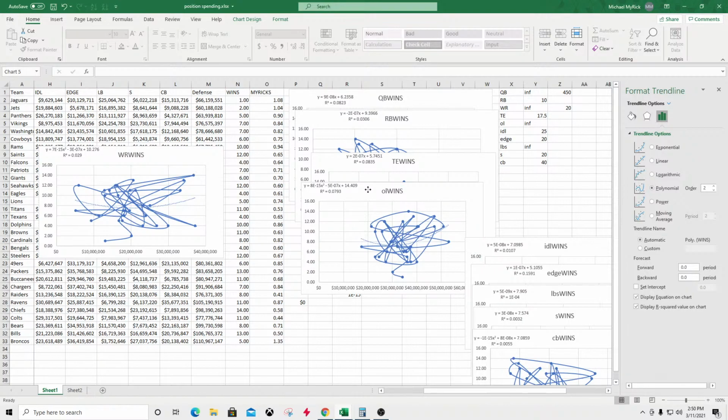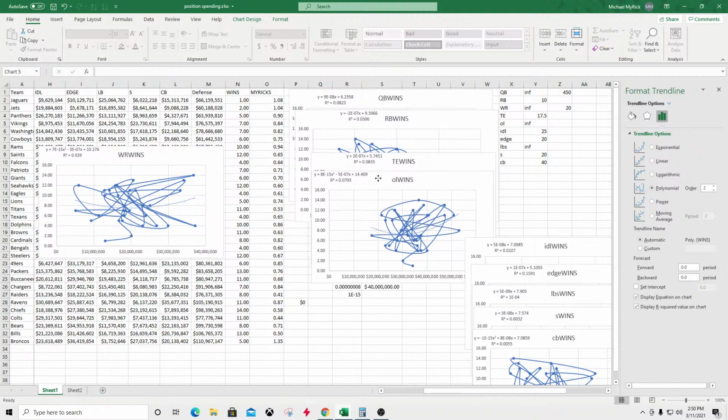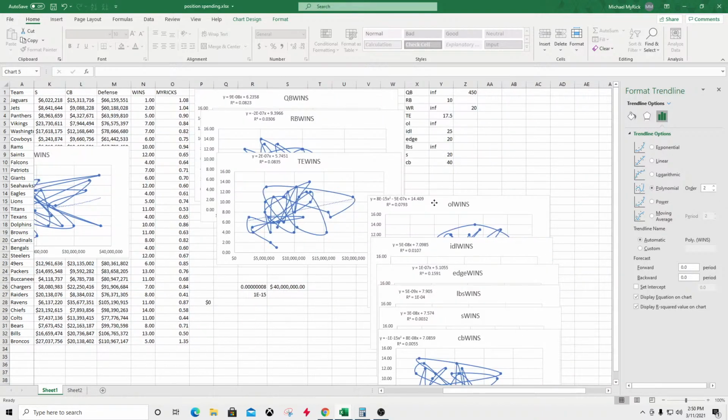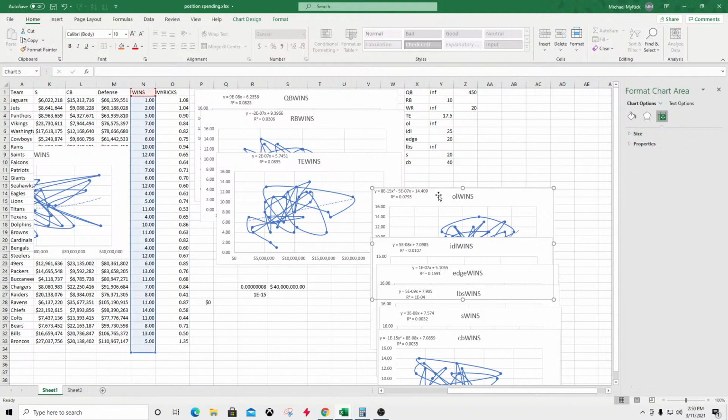It doesn't actually say greater than. It says that's the minimum, 30 million. You should spend less than 30 or greater than 30. I'll do that.